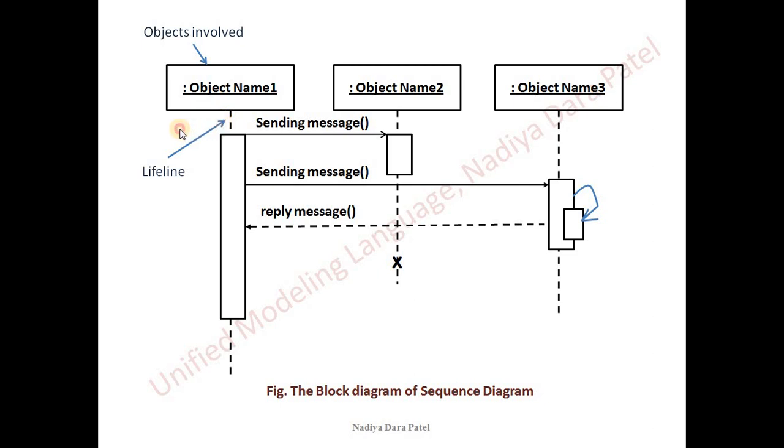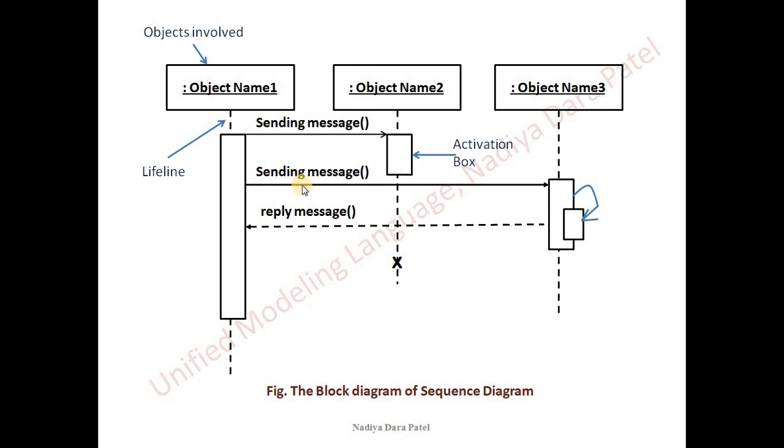The next symbol, which is again a common symbol, is the activation box. As soon as we receive a message from the sender, the object receiving the message gets active. As you can see in the diagram, as soon as I have sent a message, the activation box is drawn.